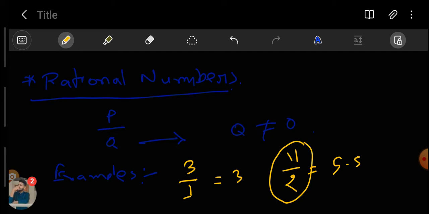Numbers of the form p by q are called rational numbers when p and q are integers and q is not equal to 0. That means another condition is that p and q should be integers.